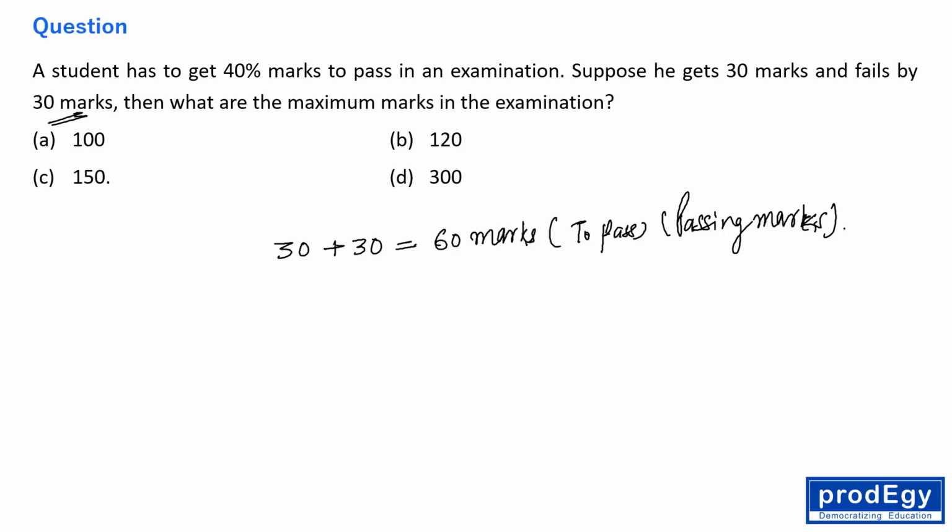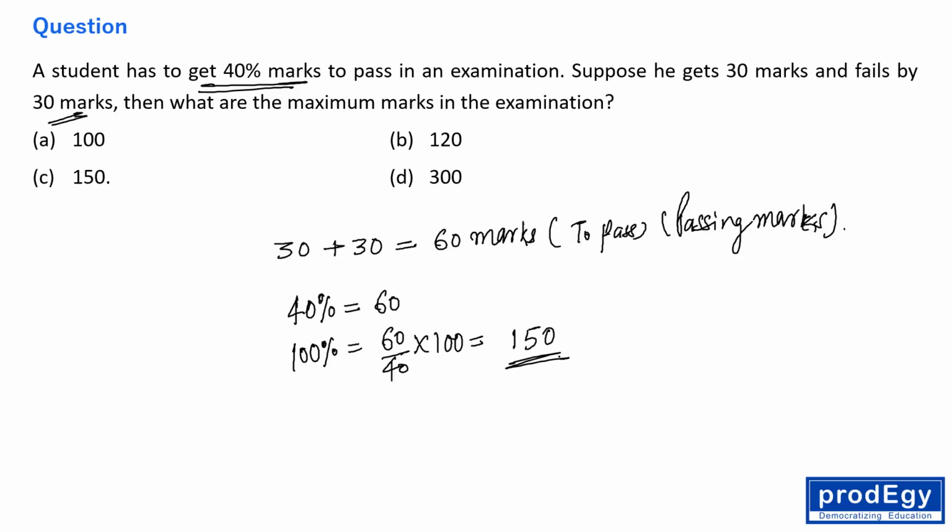Fine. So the question is saying, initially, a student has to get 40% marks to pass. So 40% is the passing marks and here 60 is the passing marks. So 40% is equal to 60. Then 100% is equal to what? Then 60 by 40 into 100. This is the answer. So the answer is what? The answer is 150.